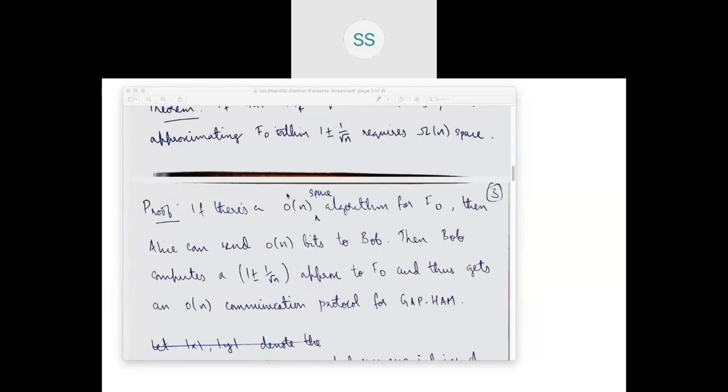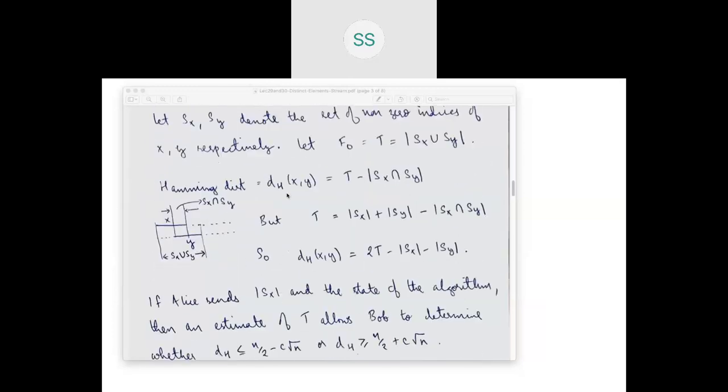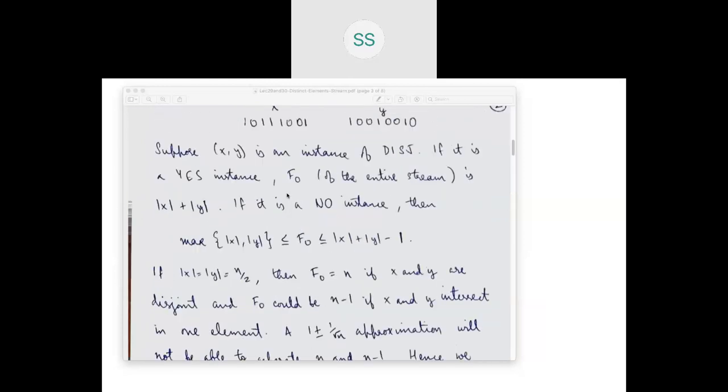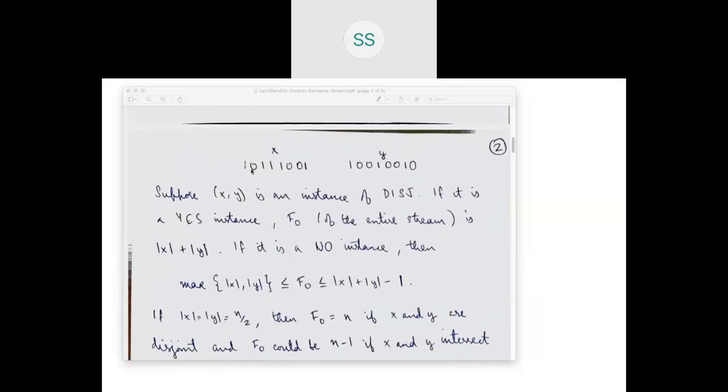Meaning, if there is an algorithm for f0, how can we compute gap Hamming? The key thing is both Alice and Bob can treat it in two different ways. They can treat x and y as their own inputs for the gap Hamming problem, and they are also going to be treating it as a continuous input for the streaming problem for the f0 estimation.